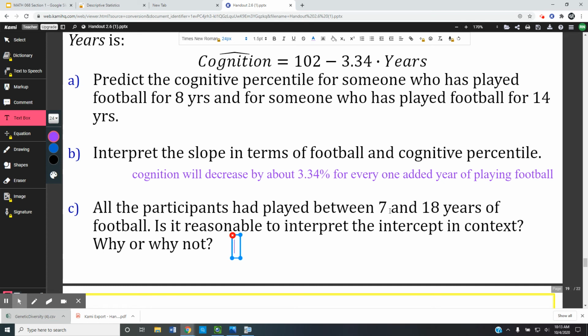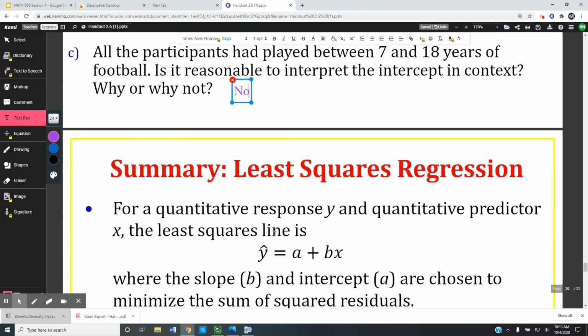So first of all, 7 is not very close to 0. Secondly, you can't have 102 cognition. So two things are against us. One, 0 is far removed from the 7. And secondly, we have a cognition above 100%. So the answer is no for those reasons that I just explained. Mostly that 7 is too far away and that over 100% is not available.